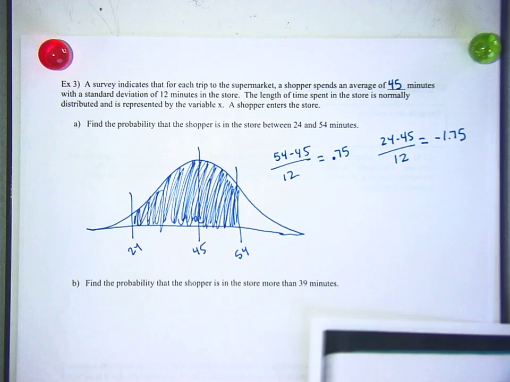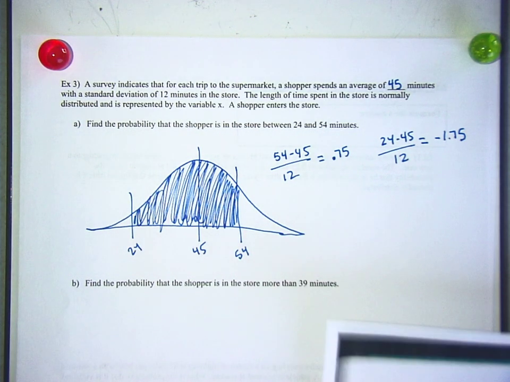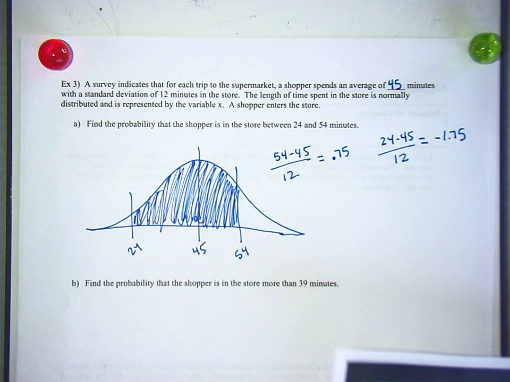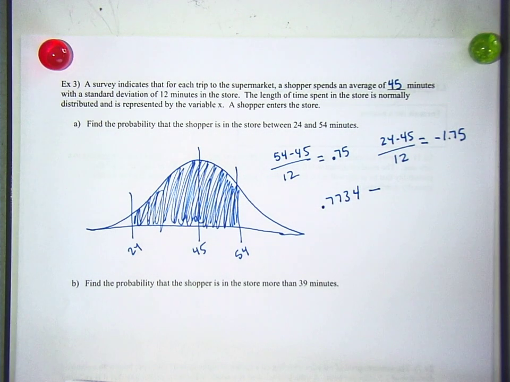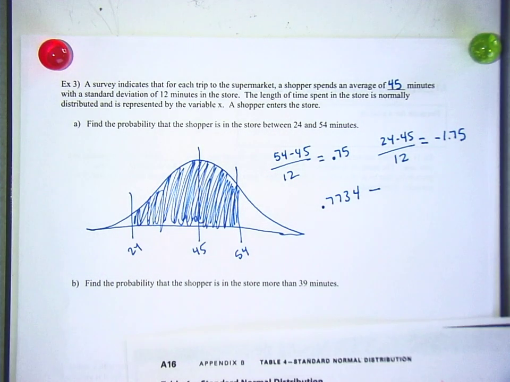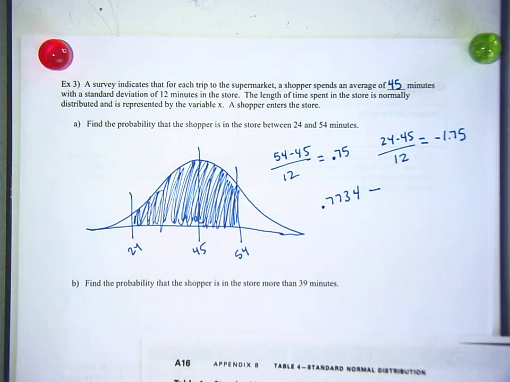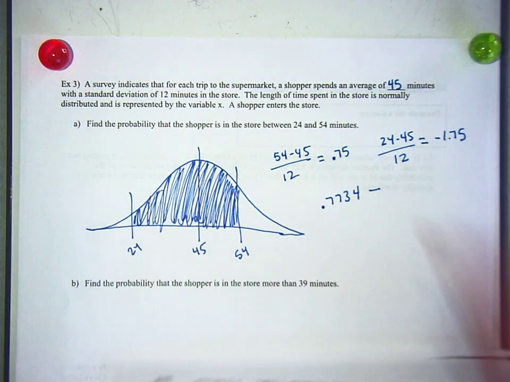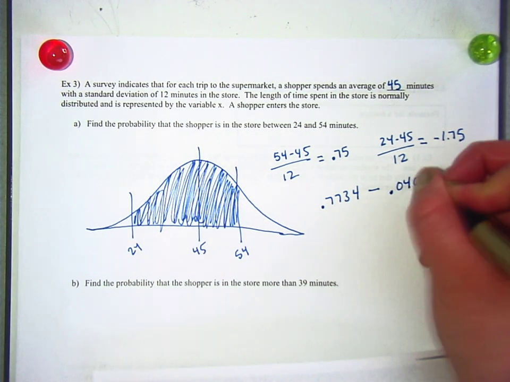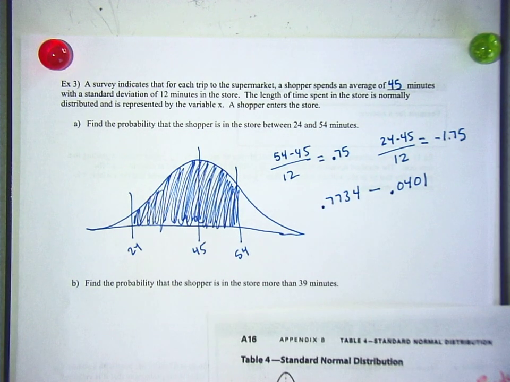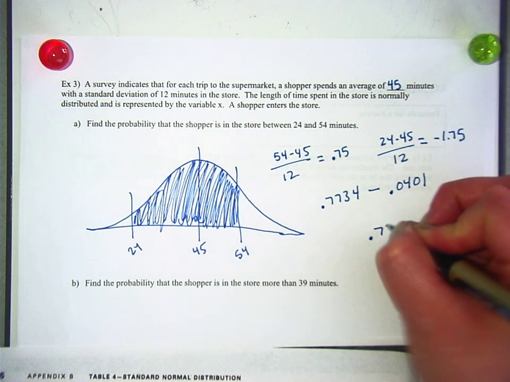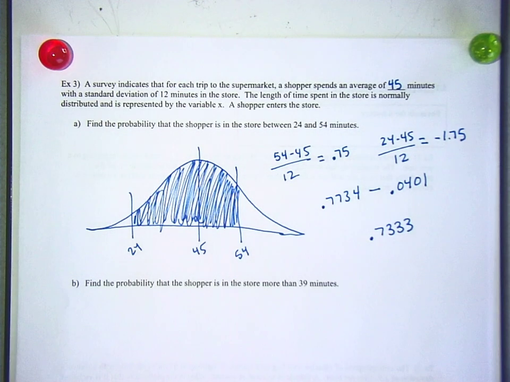So if I look up 0.75, 0.7734, and negative 1.75 is 0.0401. I got 0.7333. You guys get the same thing I did?